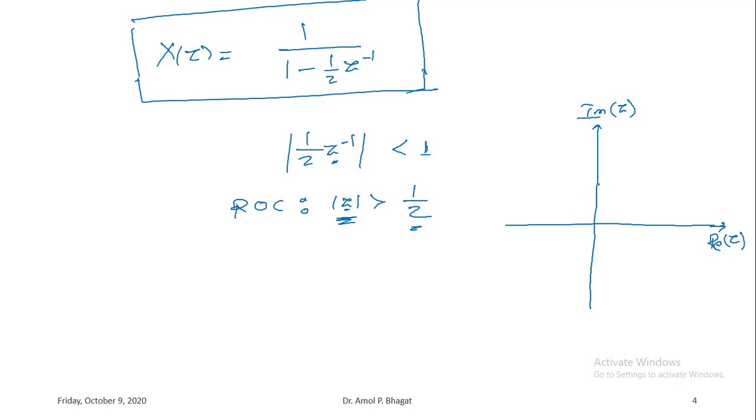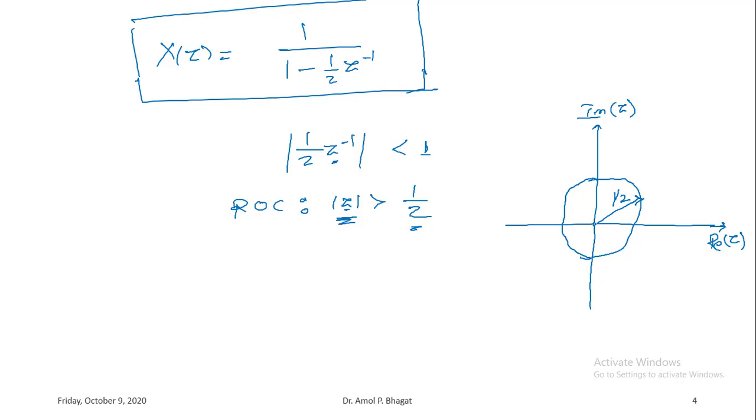And to plot this ROC, you will draw a circle with radius 1 by 2. So these are the values of 1 by 2, and basically it should be a proper circle.